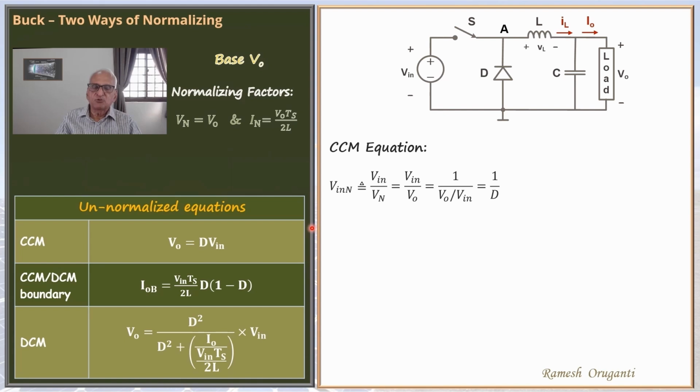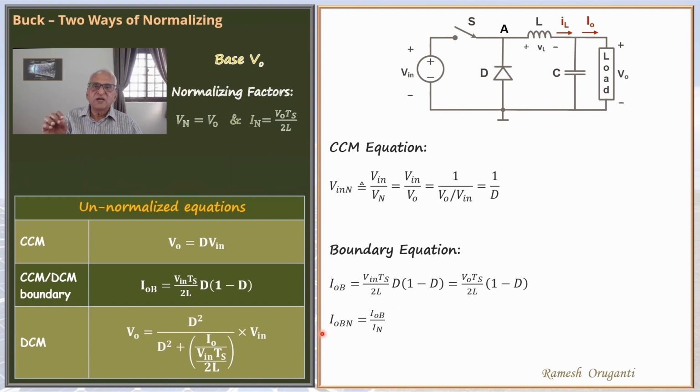Next, we will take the boundary equation. IOB is Vin Ts by 2L times d times 1 minus d. Vin d is V0. So we can rewrite this equation as V0 Ts by 2L times 1 minus d. And V0 Ts by 2L is the current normalization factor. So IOBN, the normalized boundary current, is IOB by IN, or IOB by Ts V0 by 2L, and that would be equal to 1 minus d.